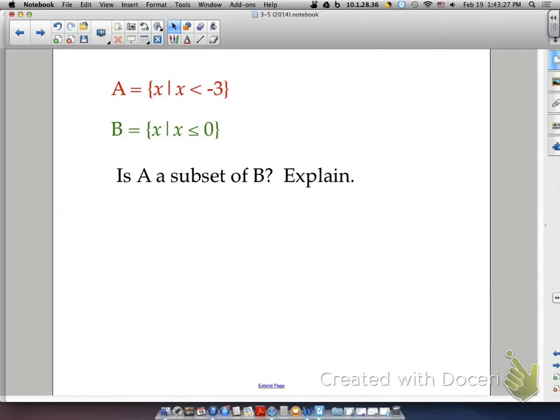All right, so let's list the values. What would it be? It would be anything from -4 to negative infinity. Okay, negative infinity, right? Then I have -5, -4.